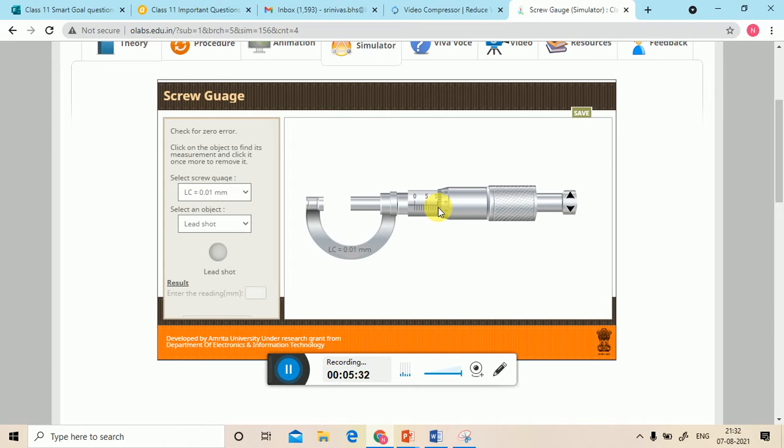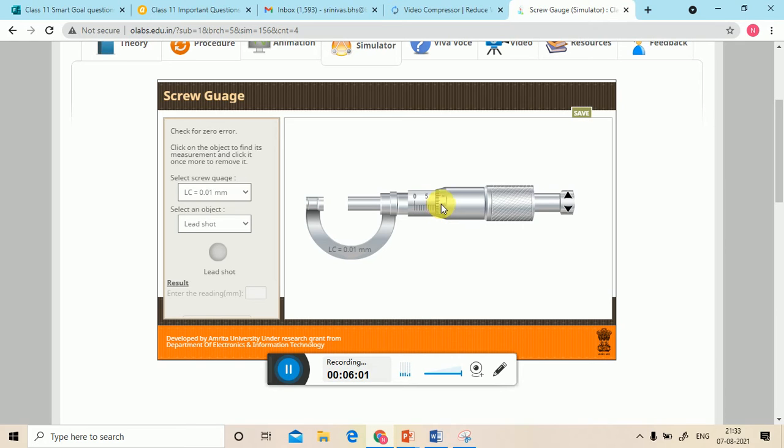So that gives the pitch of this screw gauge. I will show you again. Here it is exactly on the reading of 10 on the pitch scale, and I am trying to rotate it 1 millimeter. So it has moved a distance of 1 millimeter, and the number of rotations done to cover this 1 millimeter is 1. So the distance moved per rotation is equal to 1 millimeter.